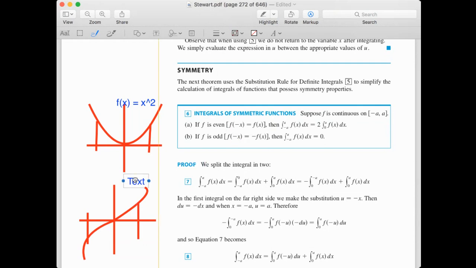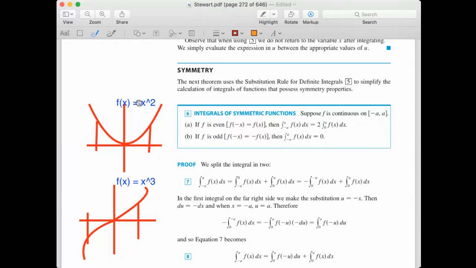This example is for f of x equals x cubed. So that's for part b. If f is an odd function, f of negative x equals negative f of x, that's the definition of an odd function, then the integral from negative a to a equals 0.